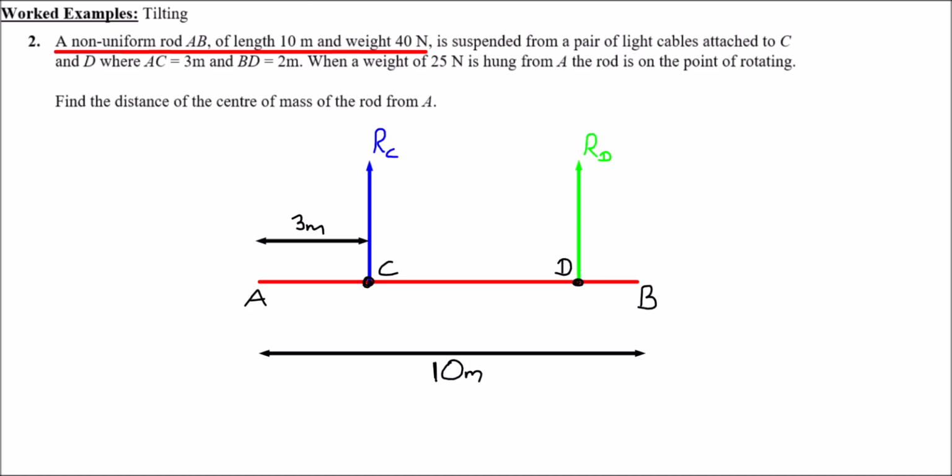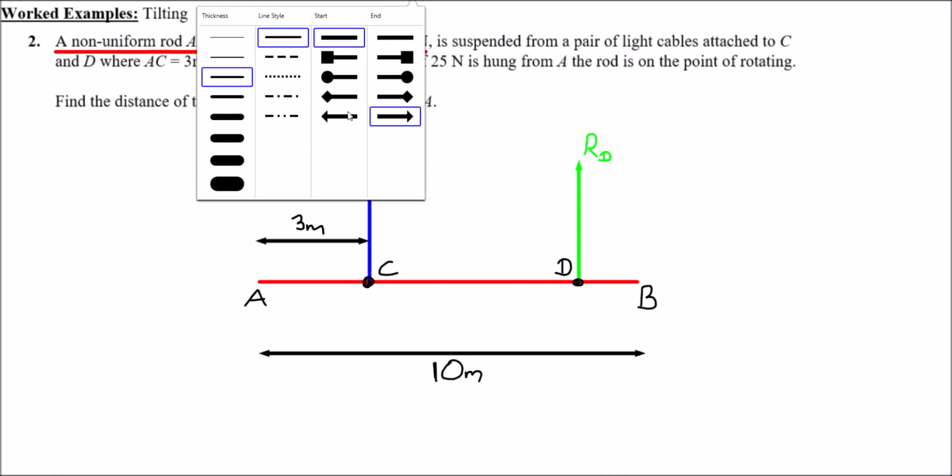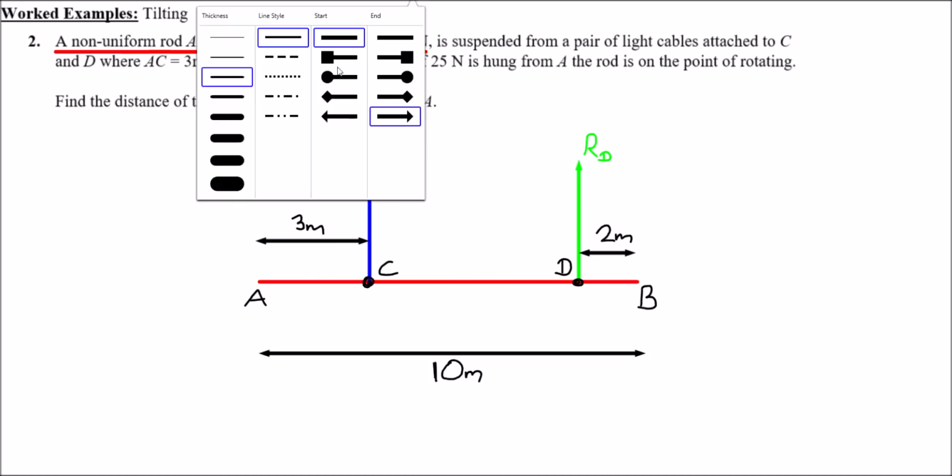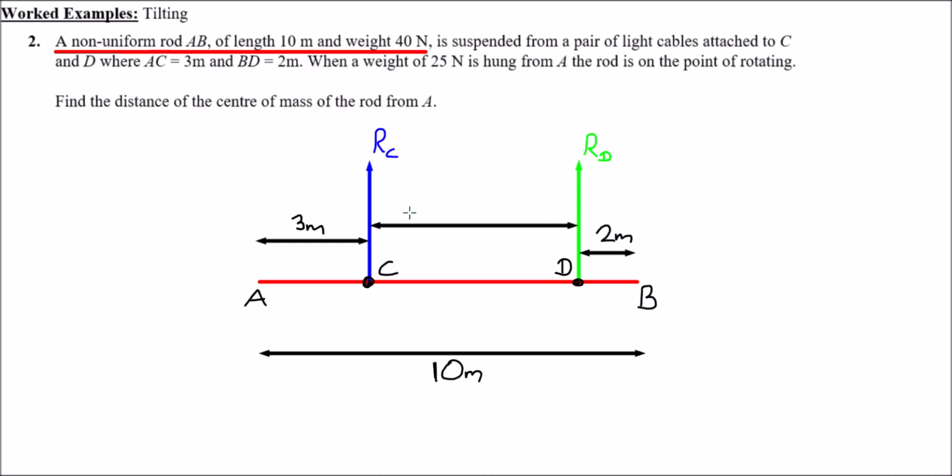And label on that that's 2 meters away from B. So because it's 10 meters long, from A to C is 3 meters, and D to B is 2 meters, we know that the distance between these two cables must be the missing 5 meters, because 3 plus 5 plus 2 gives us the 10.